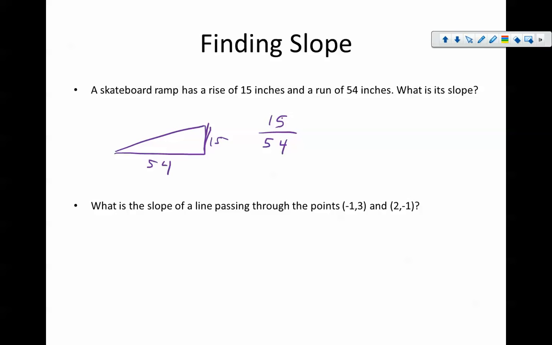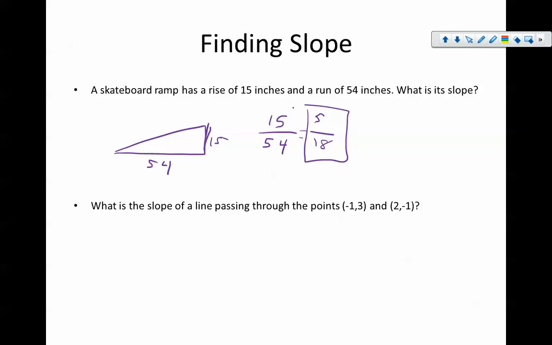Do they share any common factors? 15 is divisible by 5, but 54 is not. What about 3? It does go into 54 as well. So this is going to be 5 over 18. So my slope here is 5/18.